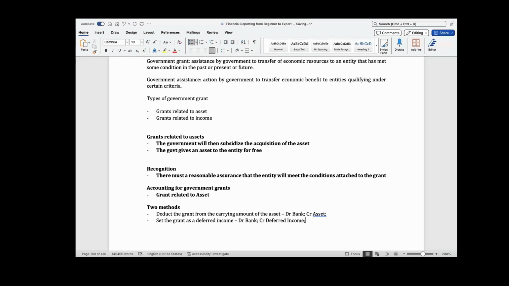Oh, good question. They can be repayable. As you can see, the recognition criteria is that there must be reasonable assurance that you meet those conditions. If you don't meet those conditions, you will pay back.